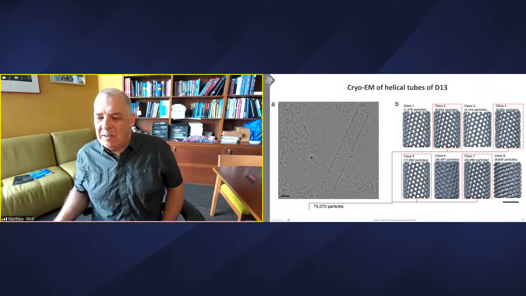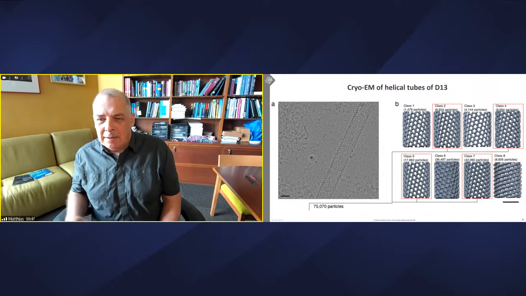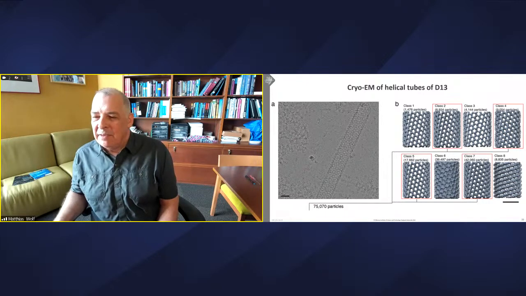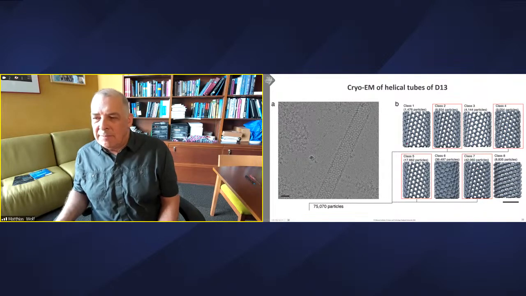So there must be different assembly modes, and it probably depends on how many asymmetric units are in one turn. We essentially cracked this by picking the classes that had the best visible features. And here you can see those red ones are combined.